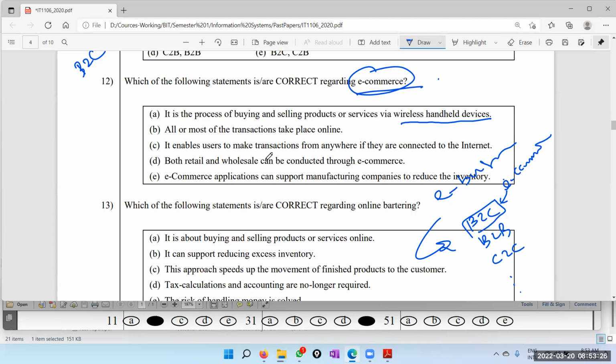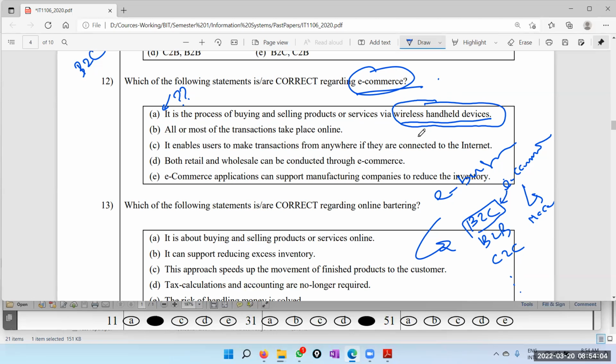And it says via wireless handheld devices. Is it only wireless handheld devices? That is a special case of e-commerce called m-commerce. So in a way this is correct, but not perfectly correct, because M-commerce is just a subset of e-commerce. So let's mark it, but I'm not very sure whether we should go for it because this is just a part of it.